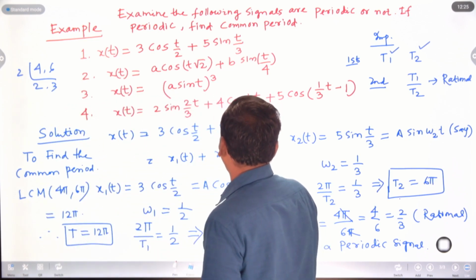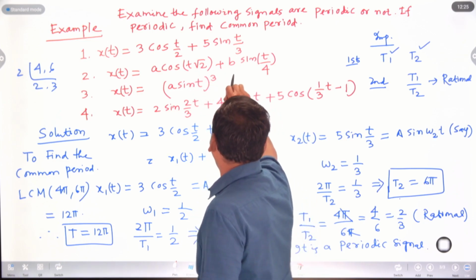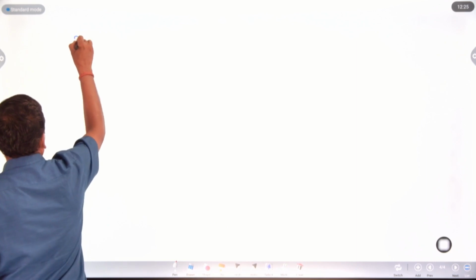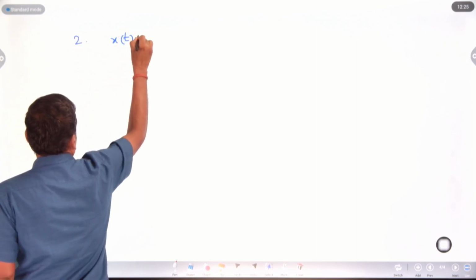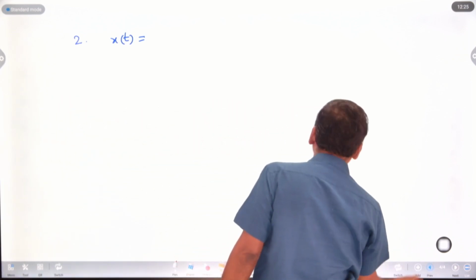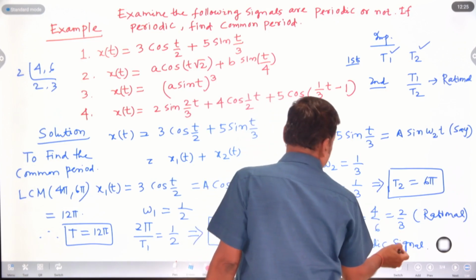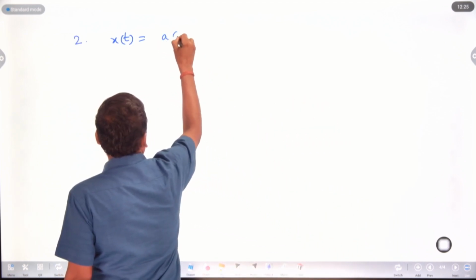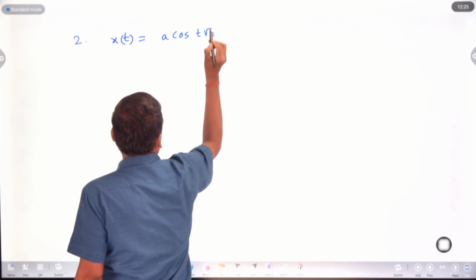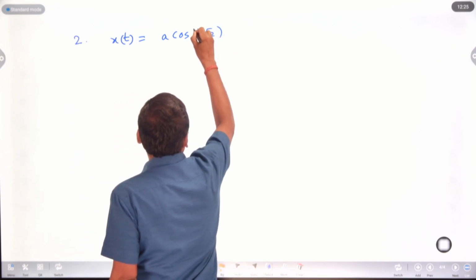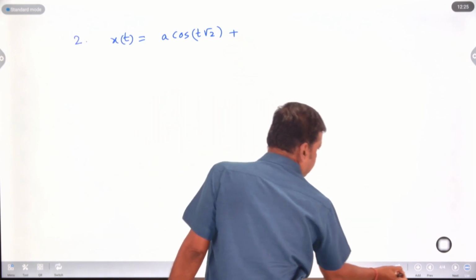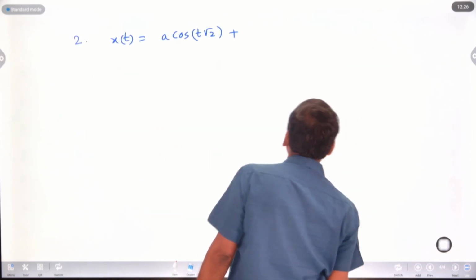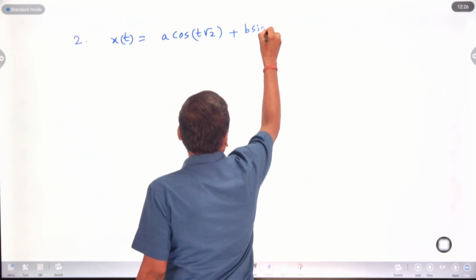In the second example, x of t equals a cos of t into root 2 plus b sin of t by 4.